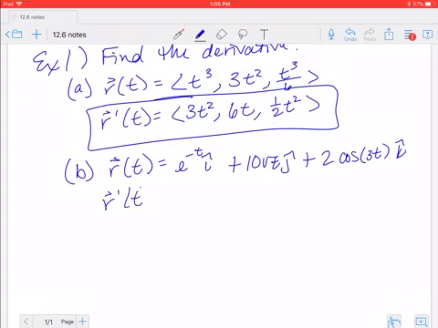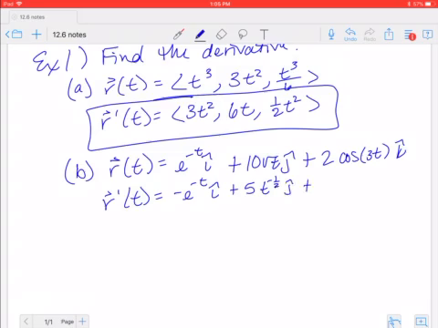So r prime of t is now negative e to the negative t i. The square root of t is the same thing as t to the 1/2, so if I bring the 1/2 in front, that gives me 5t to the negative 1/2 j.